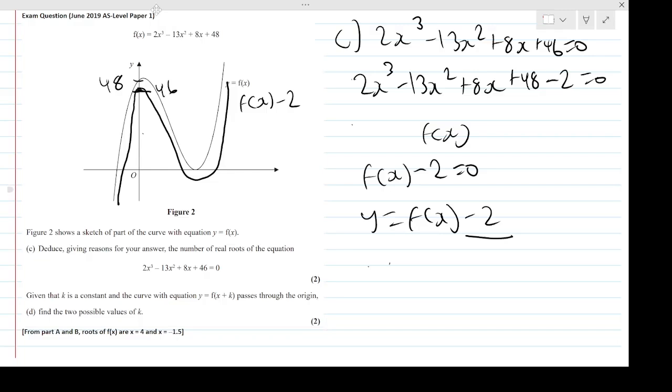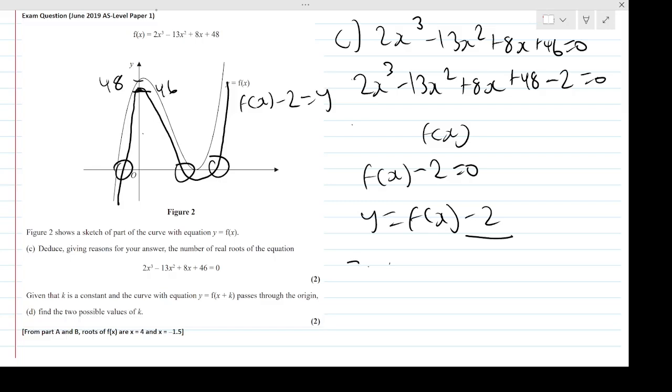But hopefully you can spot how many roots there are to this new function, f of x minus 2, this new translated graph, 2 downwards. Well, that's where it crosses the x-axis. So again, it's going to be here, here, and here. So 3 times.